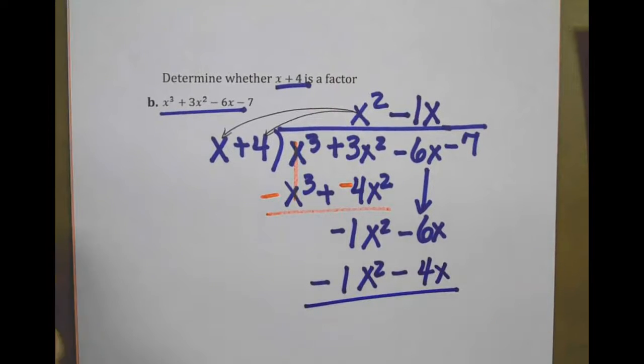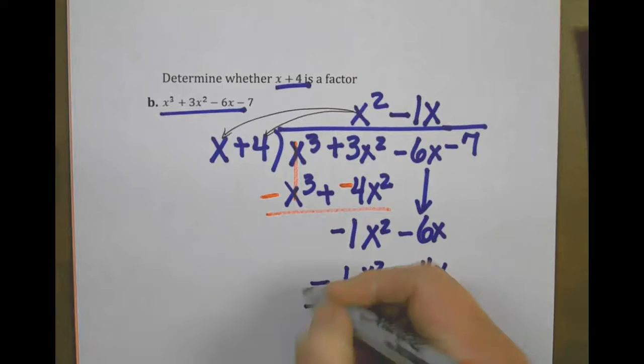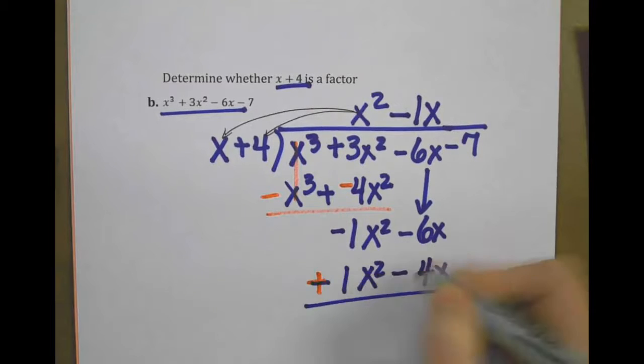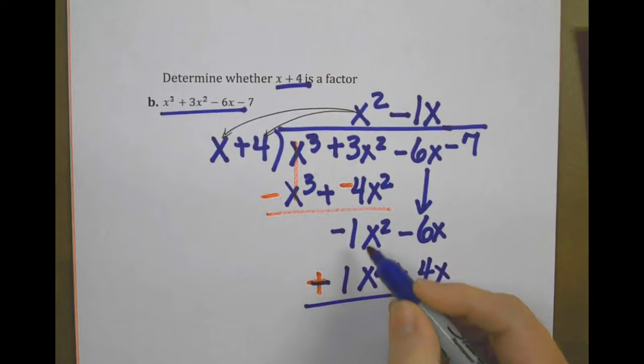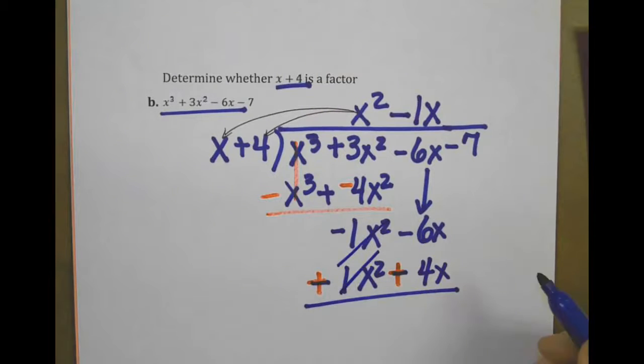I need to subtract. Subtracting is the same thing as adding the opposite. So the x squareds cancel out. And bring down the negative 7.